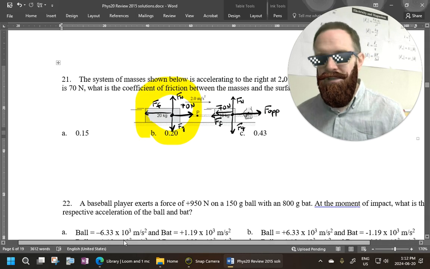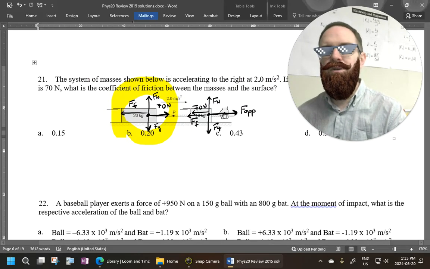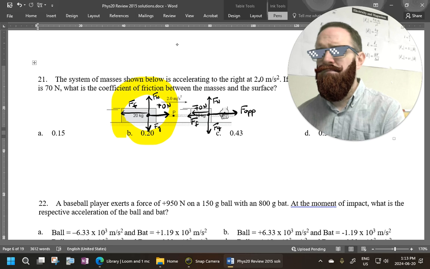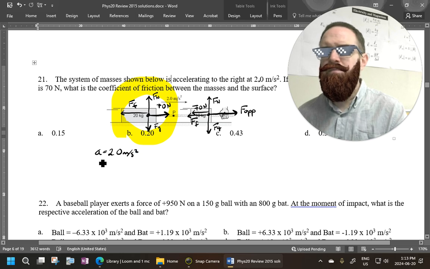I know the question says that the system accelerates at 2.0 meters per second squared, but we also know that the acceleration of one box is also going to be that 2.0 meters per second squared. Yeah. So let's see what we have here. We got an F net.